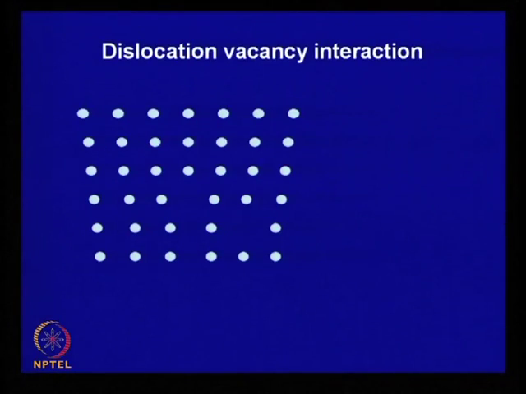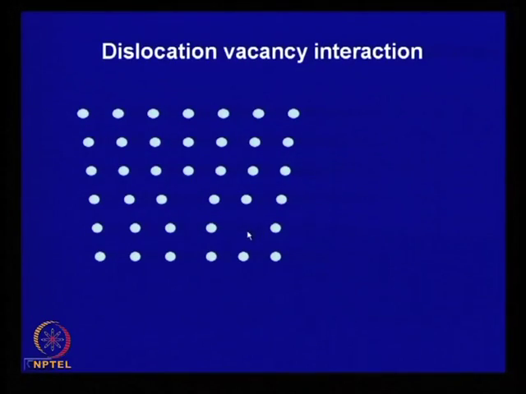We also know that crystals at any temperature will have some amount of vacant spaces or vacant lattice sites. How will these vacancies interact with the edge dislocation shown here? We will try and show this edge dislocation and vacancy interaction. So, now this is the gap.